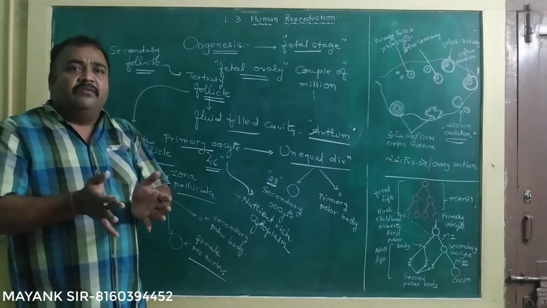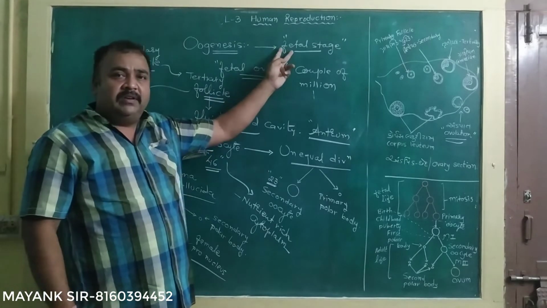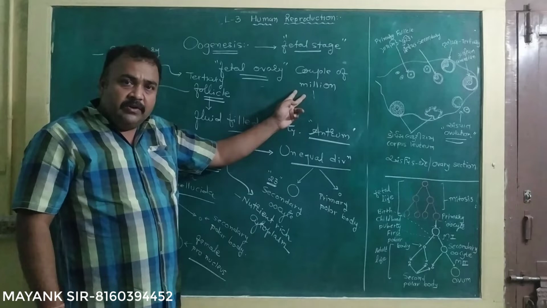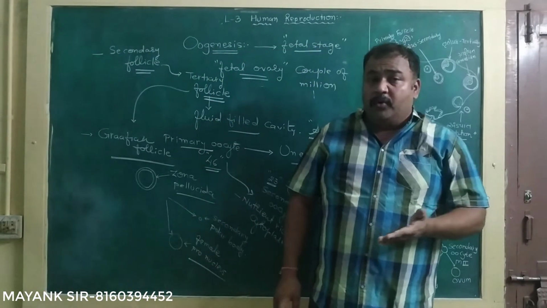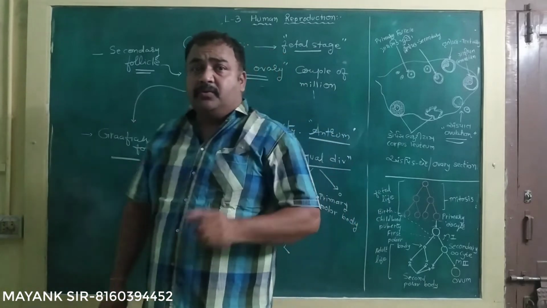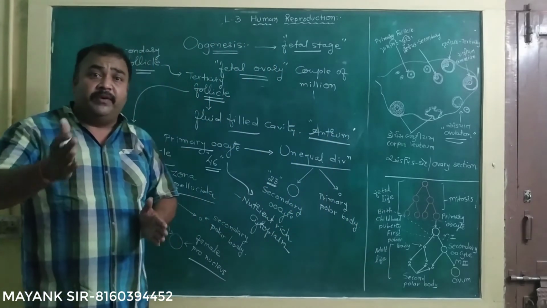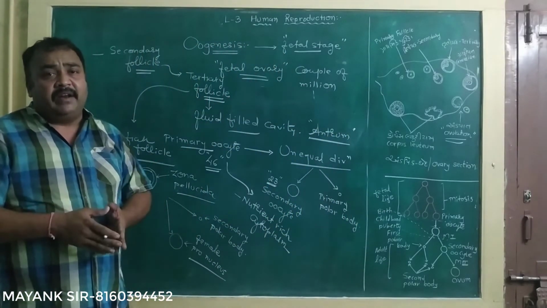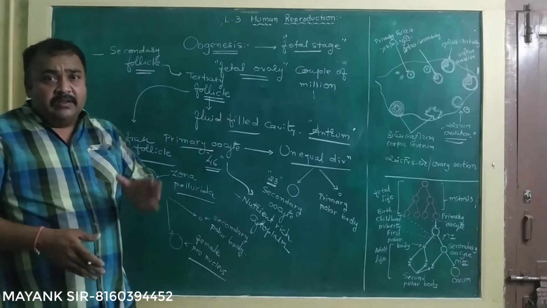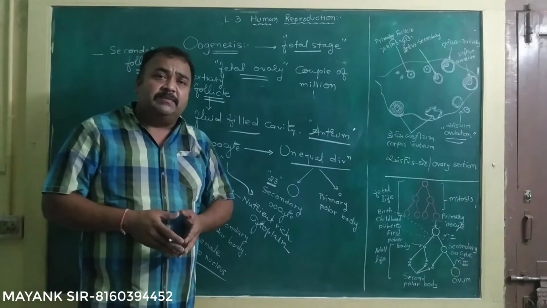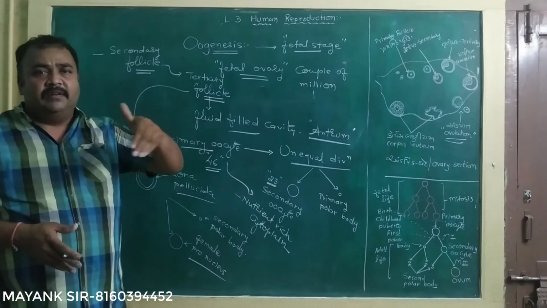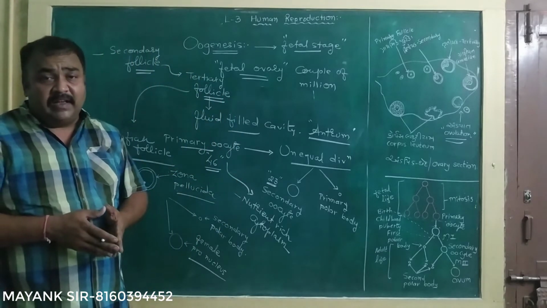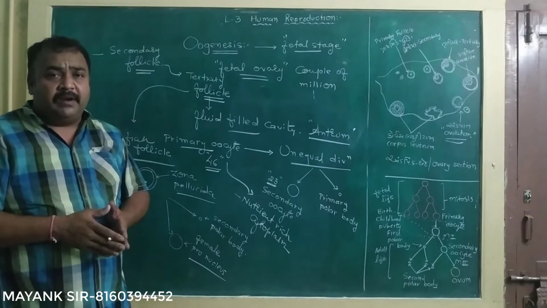The number will be determined at the time of fetal development. The oogonia enter the first meiotic division in prophase 1, and there they become trapped for some time. These cells are known as primary oocytes. Primary oocytes develop a layer of granulosa cells and are converted into primary follicles.